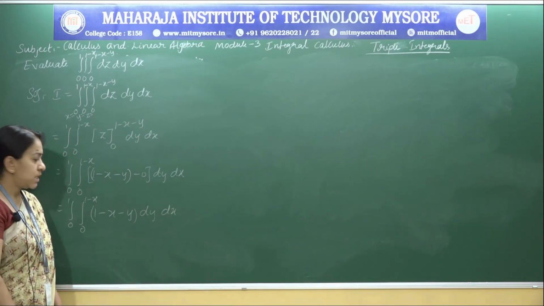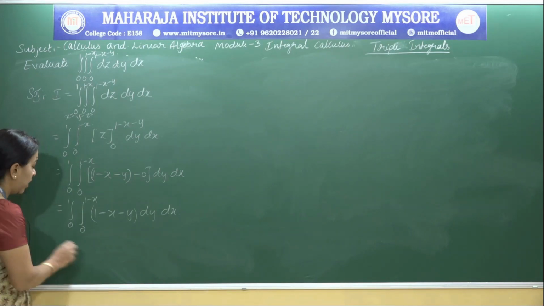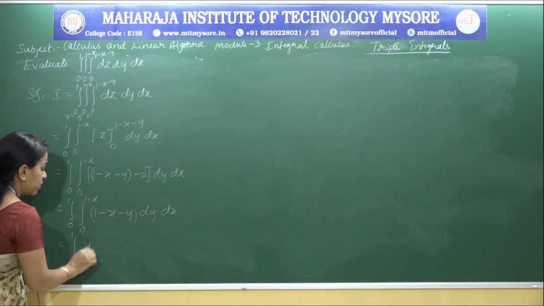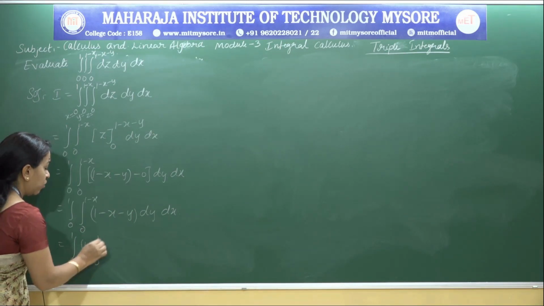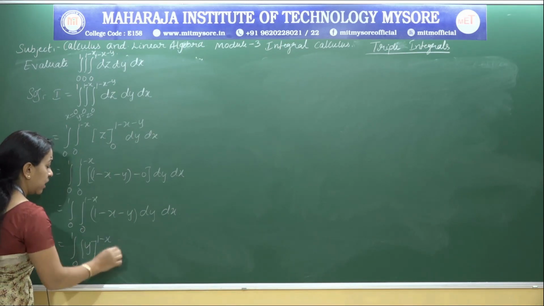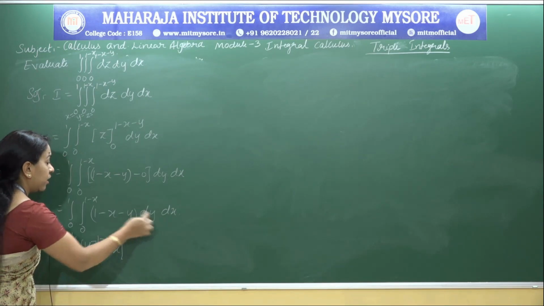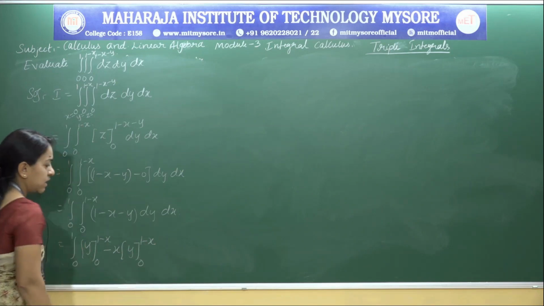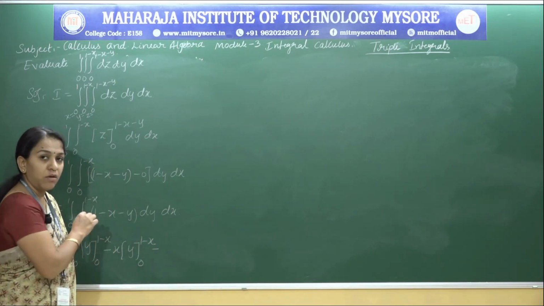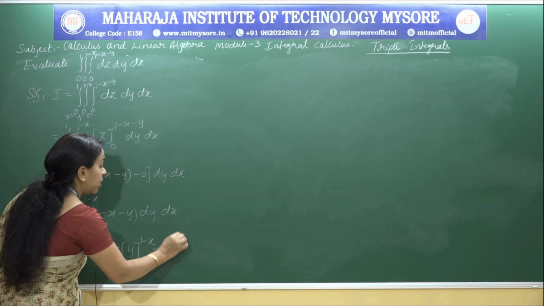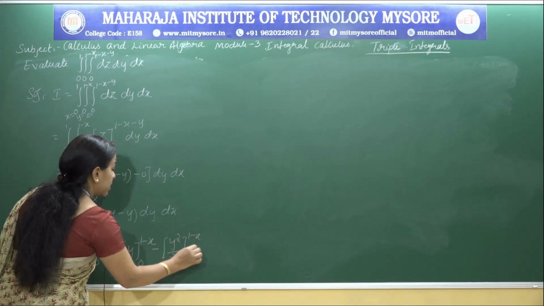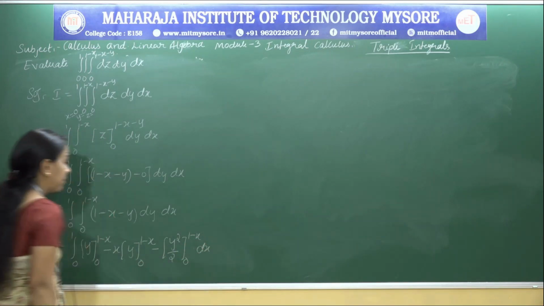Now, keeping x constant, integrate with respect to y, that is integral 0 to 1, the integral of dy is y between the limits 0 to 1 minus x, minus x times the integral of dy, which is y between the limits 0 to 1 minus x, minus the integral of y, which is y square by 2 between the limits 0 to 1 minus x, dx.